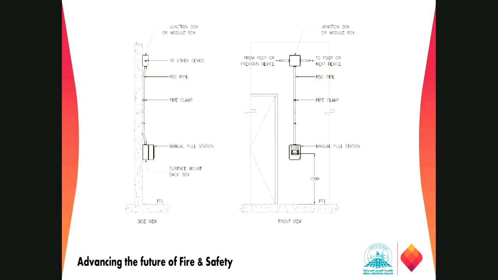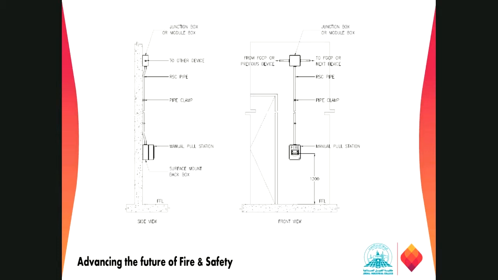And here we have the mounting details of the manual call point, right? What is the maximum height of the manual call point from the floor level? They have given 1.2, but I think as per the latest NFPA 72 edition 2019, it is below 1.2 meters. So you just look for the height of the manual call point from the floor level, so that someone can activate it easily.